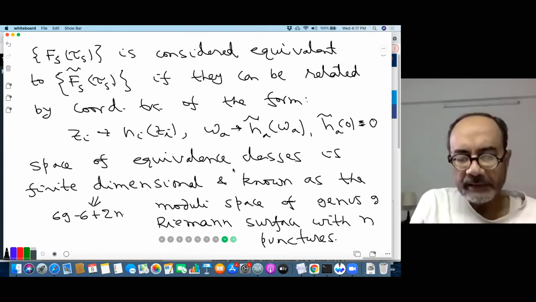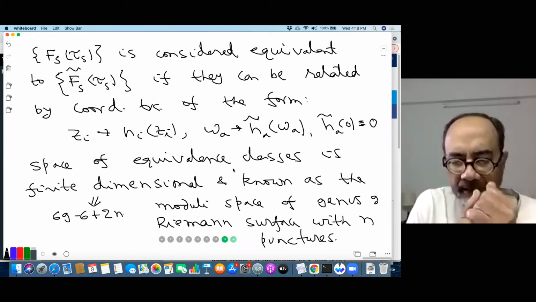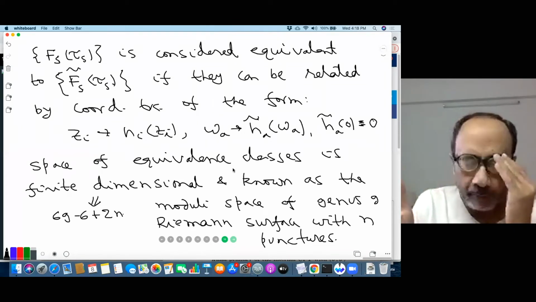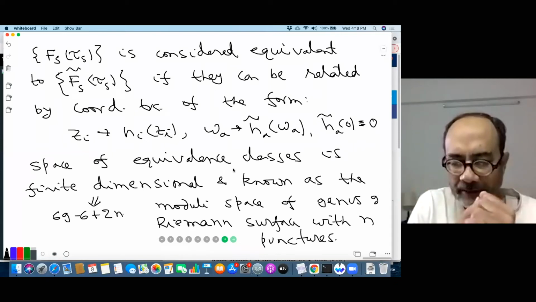Inequivalent Riemann surfaces with punctures are those for which these transition functions cannot be related to each other by coordinate transformations of this kind.